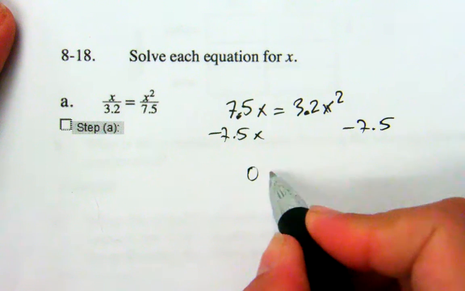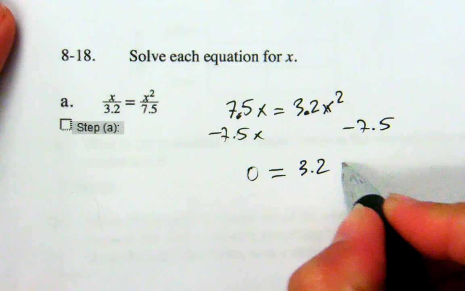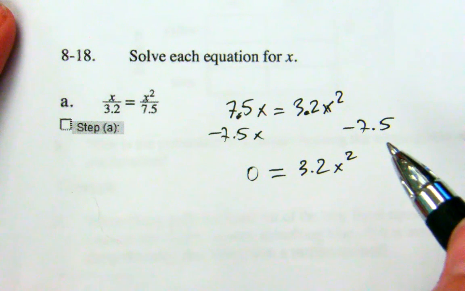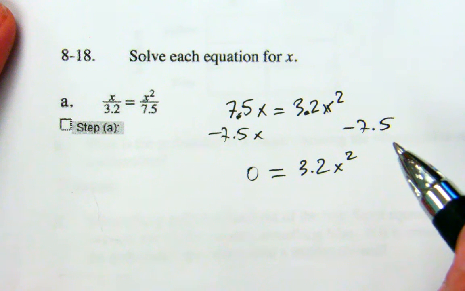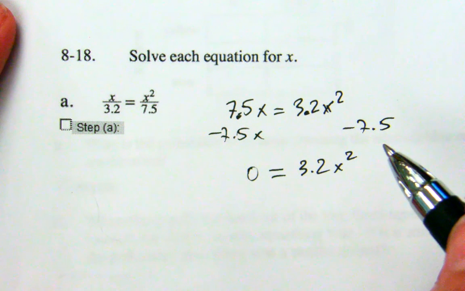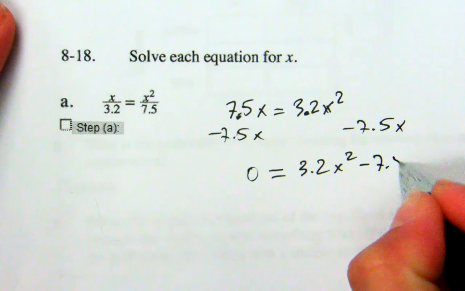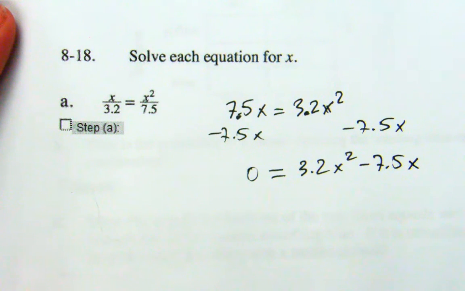And then you have 0 equals 3.2x squared minus 7.5x. There you go.